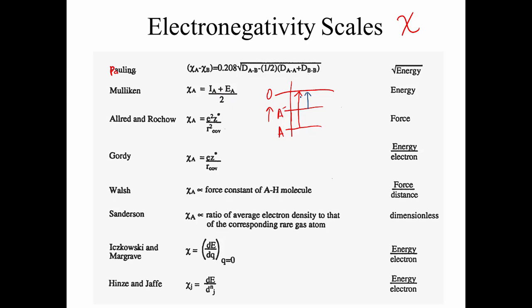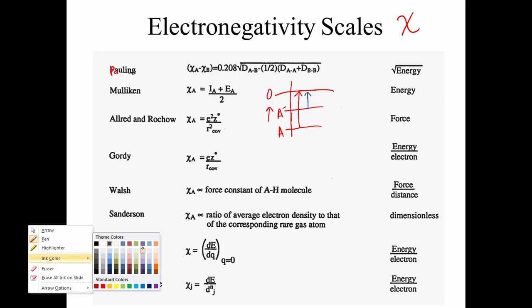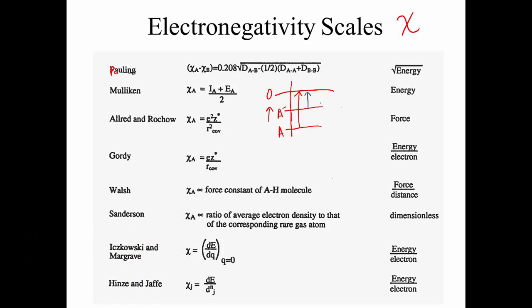So the electronegativity is the average of these two values. So the greater the difference between the atom and the ion, the greater the electronegativity.